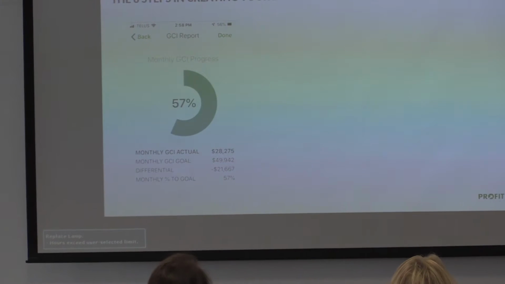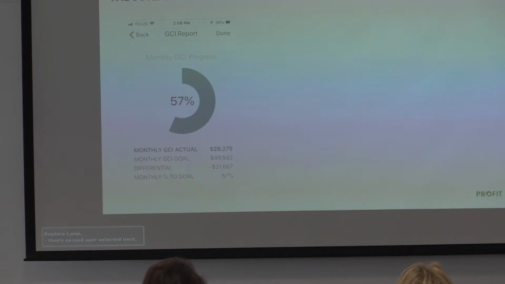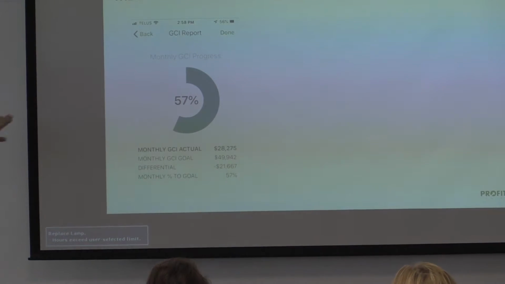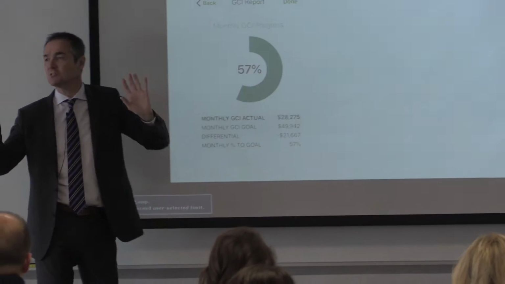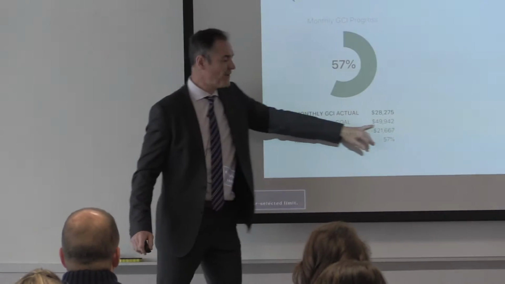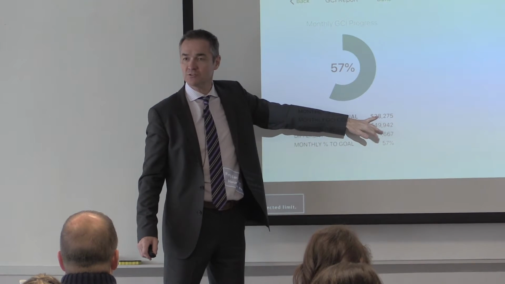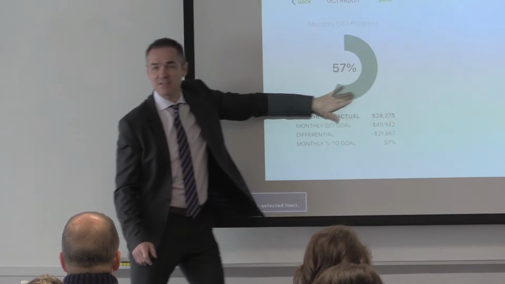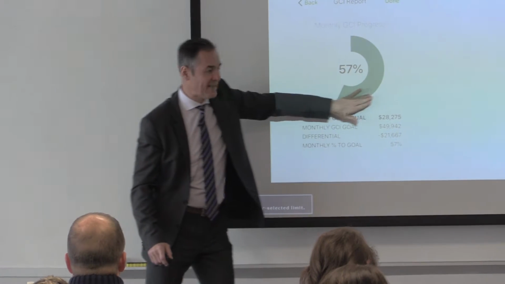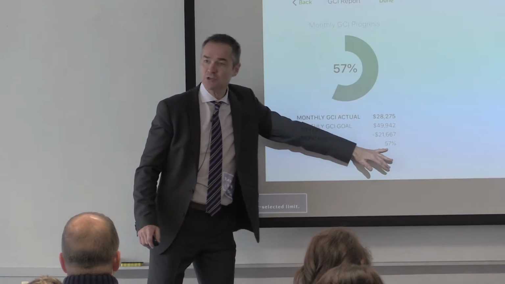That's the first one for the month. That's month to date. So it's going to give you a percentage. So if your goal is $49,000 and you achieve $28,000 closed gross that month, you're at 57% of your goal month to date. It shows a dollar differential and a percentage.